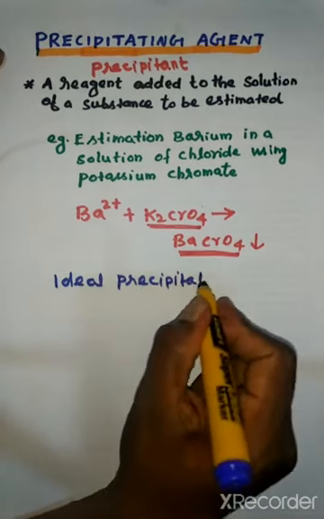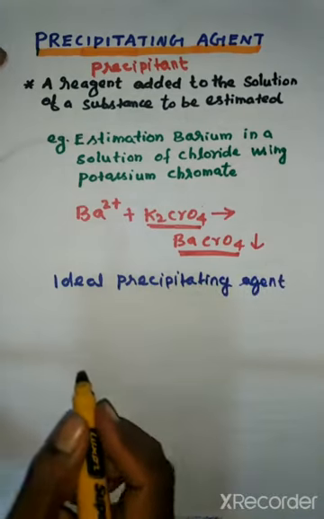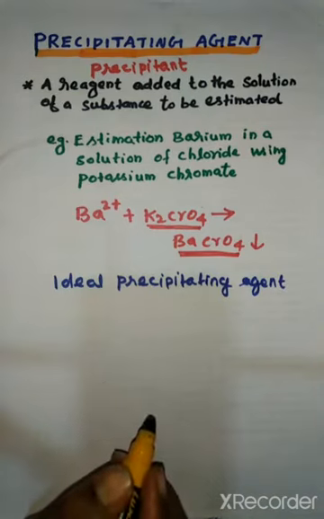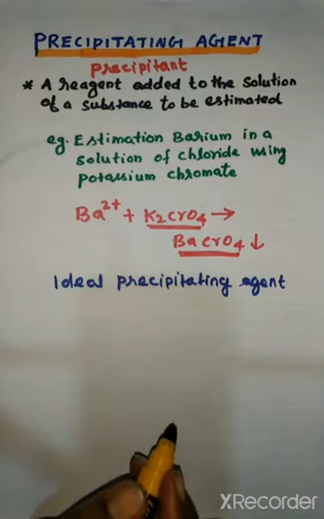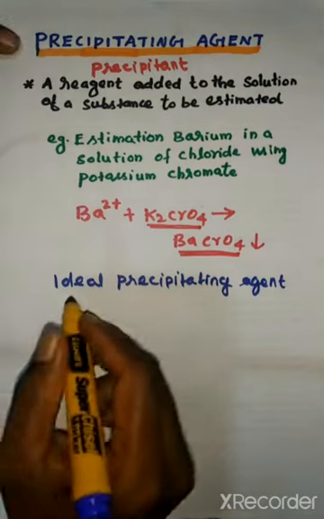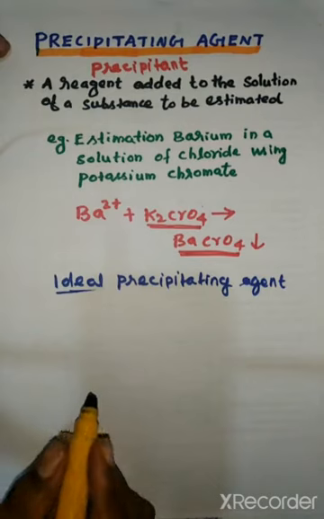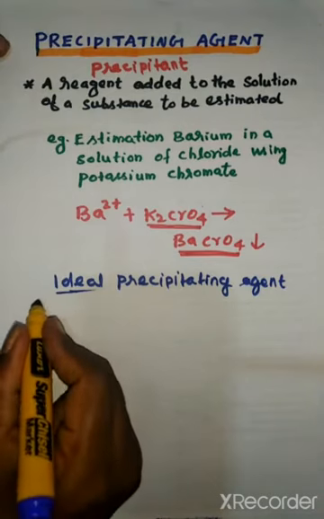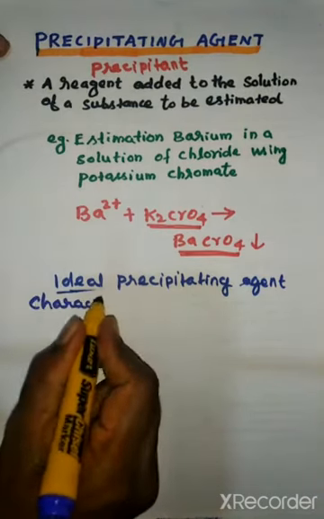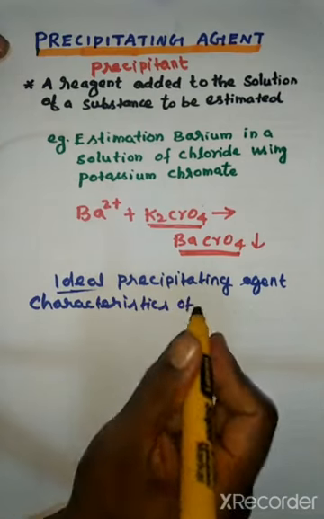This ideal precipitating agent should have some characteristics. So what are the characteristics of the precipitant?